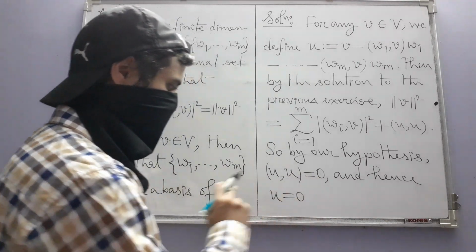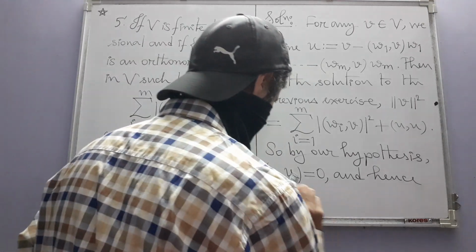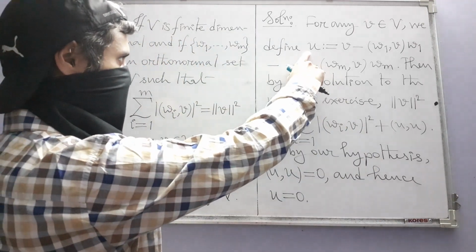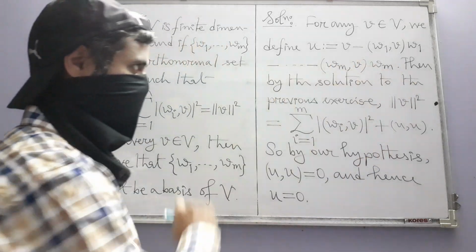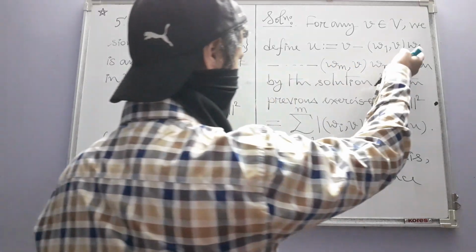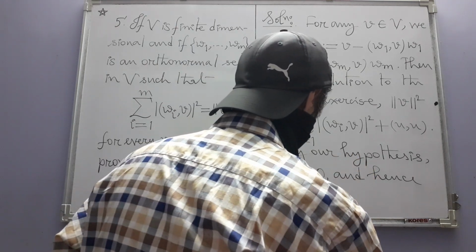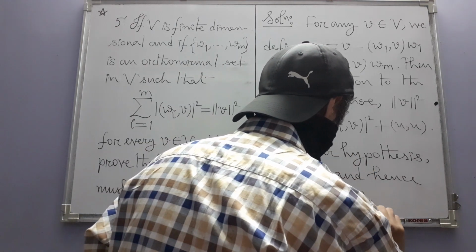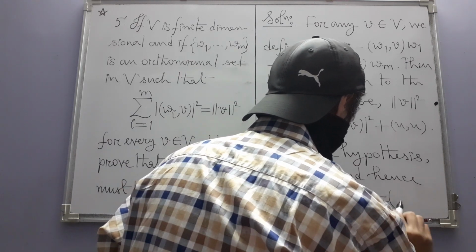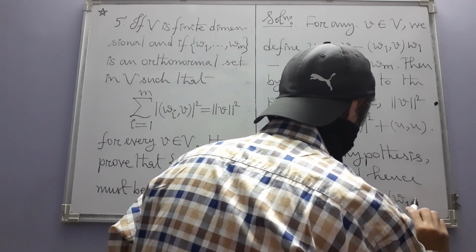This is 0 if and only if u is 0. So u should be 0. But if u is 0, then v will be equal to the linear combination that you see here. I mean, take all the things on the other side. Thus, V is this linear combination.